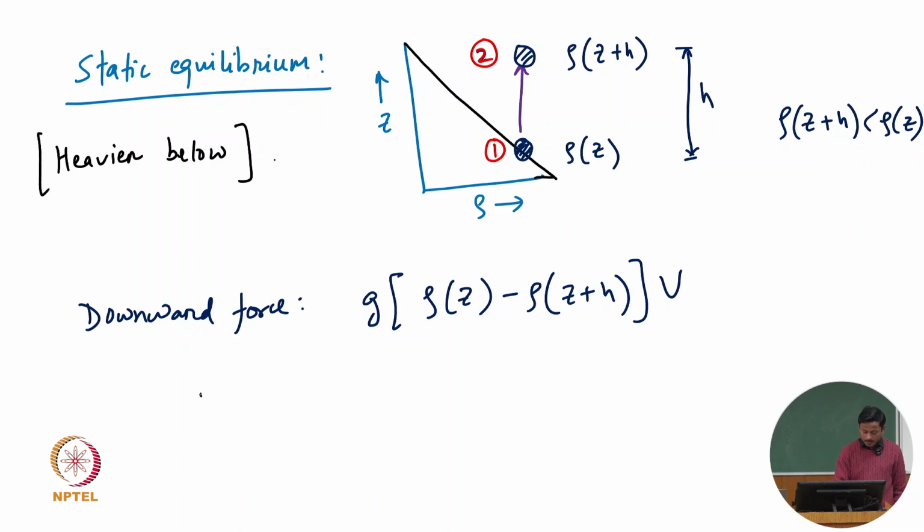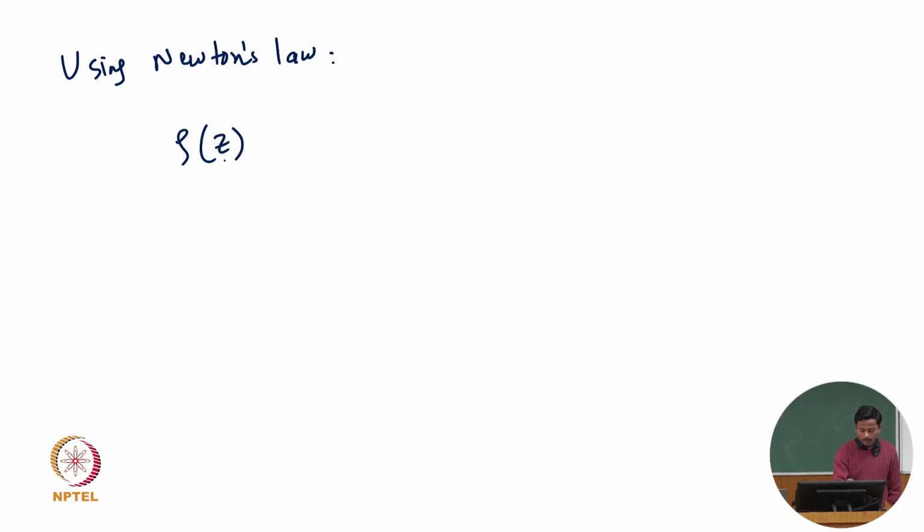This is Archimedes' principle. So this V is the volume of the parcel, the volume of the parcel of fluid. Now this is the downward force. Using Newton's law we can write ρ(z) V d²h/dt².